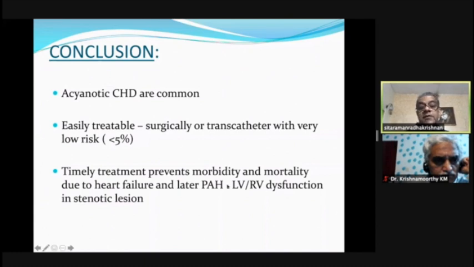Timely treatment prevents morbidity and mortality due to heart failure and later PAH and later LV/RV dysfunction. And of course, in stenotic lesions, you can prevent LV/RV dysfunction if treated correctly.